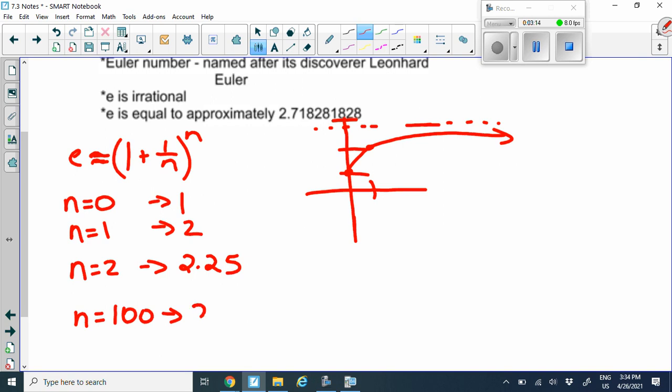We get about 2.7048. So we're getting closer there, right? And so if our n value gets larger and larger and larger, we're going to get closer to that value of 2.718..., okay?